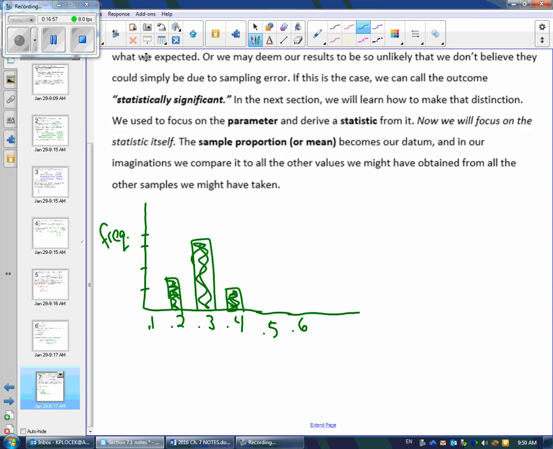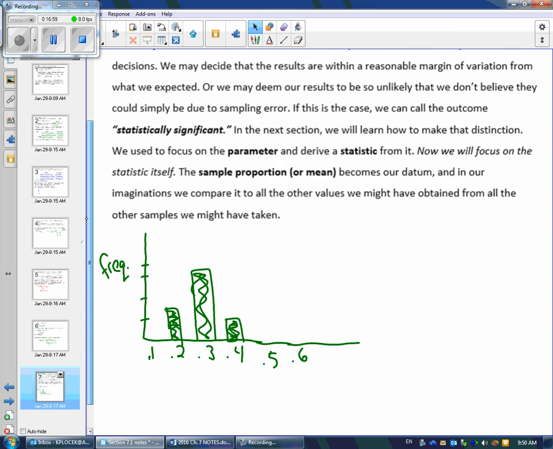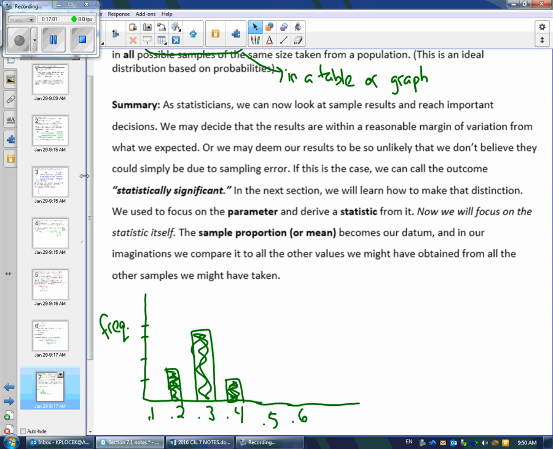Let's go back up to this last part here. As statisticians, we can now look at sample results and reach important decisions. We may decide that the results are within a reasonable margin of variation from what we expected, or we may deem our results to be so unlikely that we don't believe they could simply be due to sampling error. If this is the case, we can call it statistically significant.